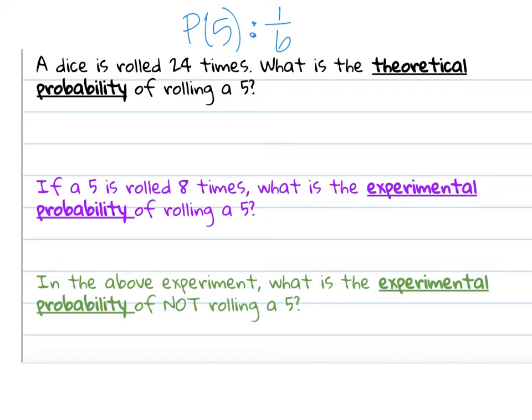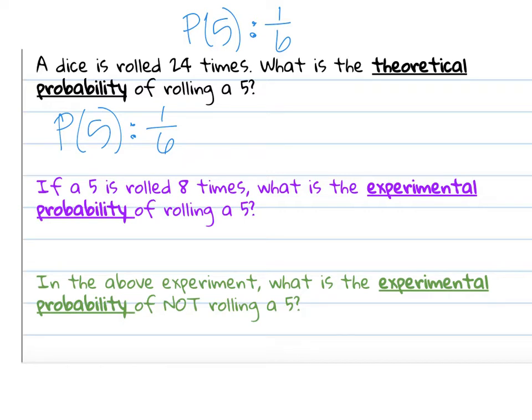So the theoretical probability of rolling a 5, even if we roll it 24 times, theoretically, I should get it 1/6 of the time. So I should roll a 5 1/6 of the time if I roll a dice 24 times, which again, we know we're not going to get exactly. We might not, it's not guaranteed.